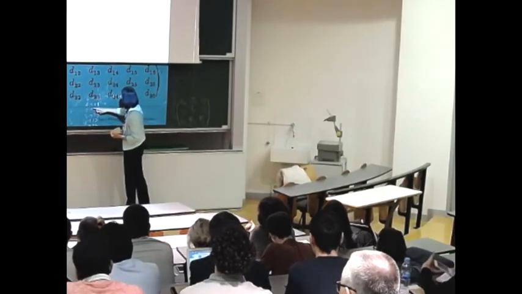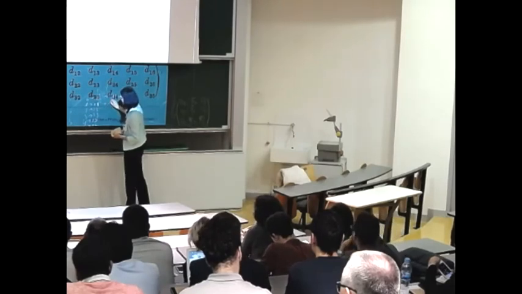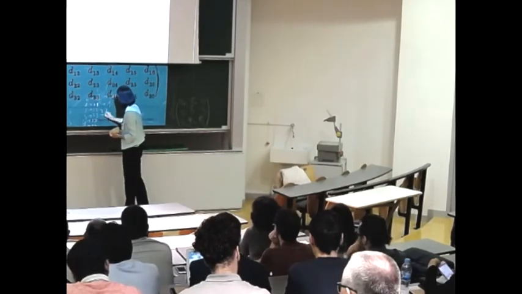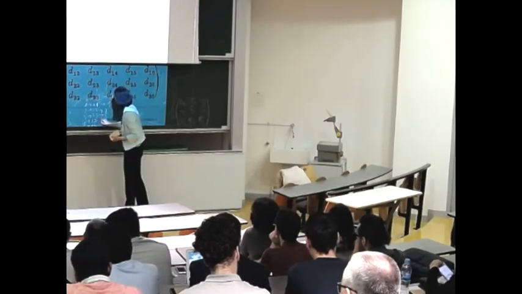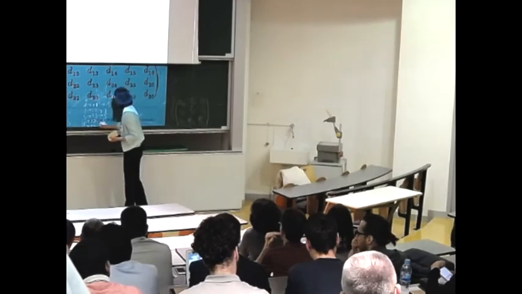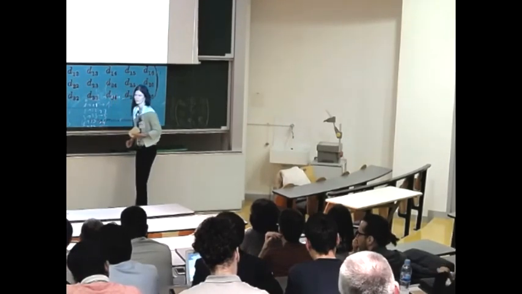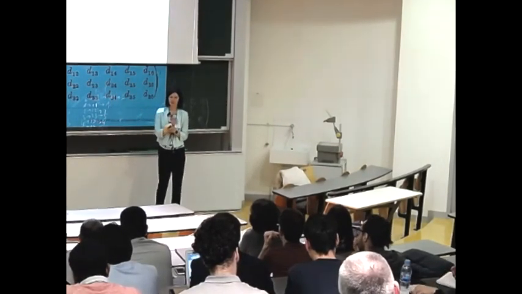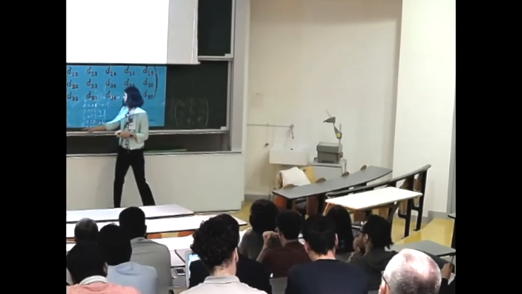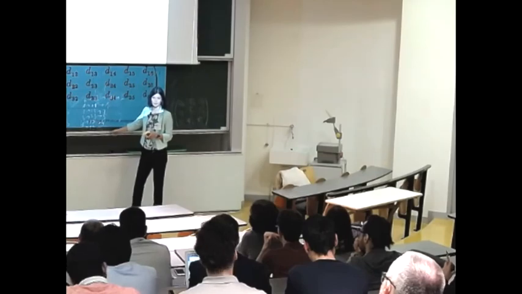Then 1, 1 will go to 1. 2, 2 will go to 2. 3, 3 will go to 3. 2, 3 will go to 4, and 1, 3 to 5. So it means the first number transforms to -1, and the second will go just to the same.